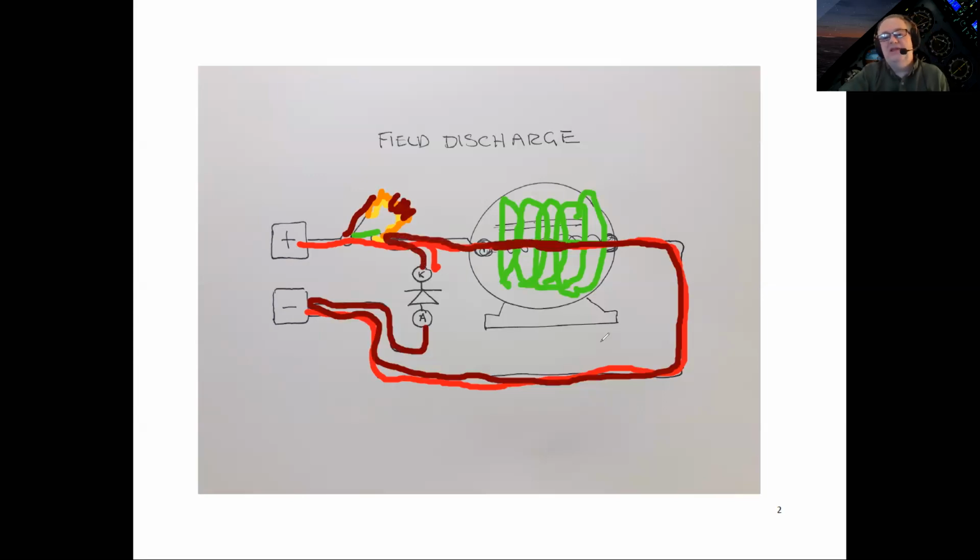So it now has a complete loop through this diode, which we call a field discharge diode, and it's also sometimes called a freewheeling diode.